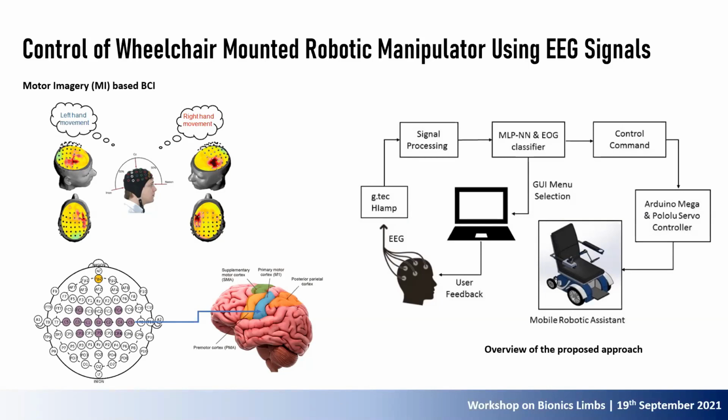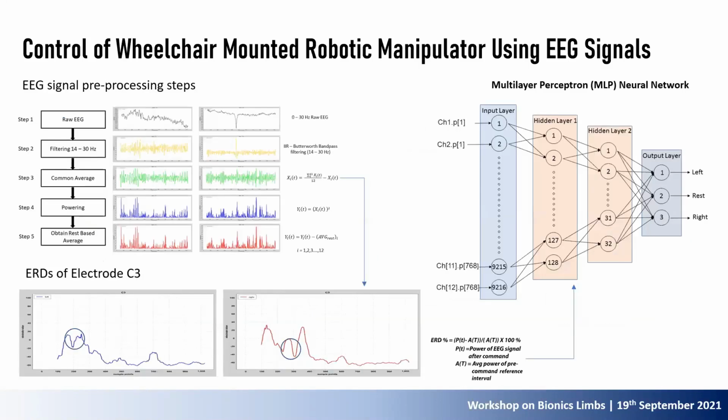For example, we can use EEG MI signals to distinguish whether you are moving your right hand versus left hand, or maybe your right foot versus left foot, or right foot versus right arm. So we use that principle of motor imagery to control this wheelchair as well as the robotic manipulator itself.